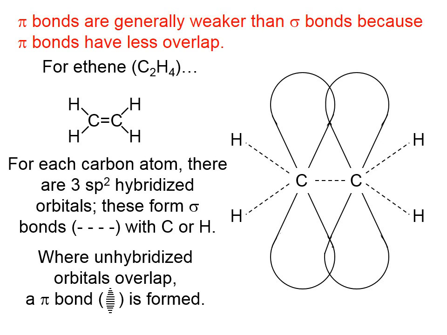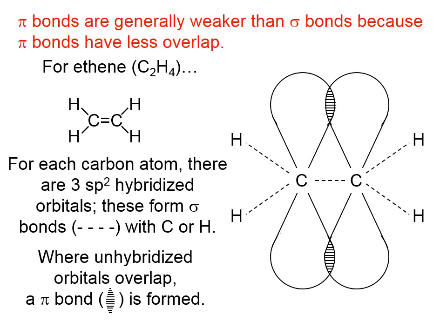And those unhybridized p orbitals overlap a bit. If you look at the right side of the screen, I'm using my laser pointer, you can see that there's a little bit of overlap region up above here and a little overlap down there. I'm going to hatch those regions, and those two regions together constitute a single pi bond.